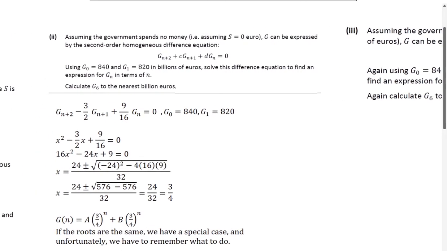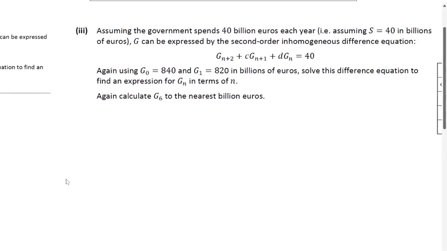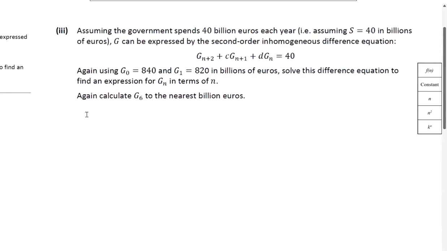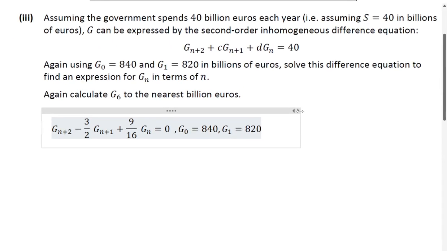So I'm just going to take everything I typed up there, because that's the same starting point. Here's where we're at. Instead of 0, it is 40.